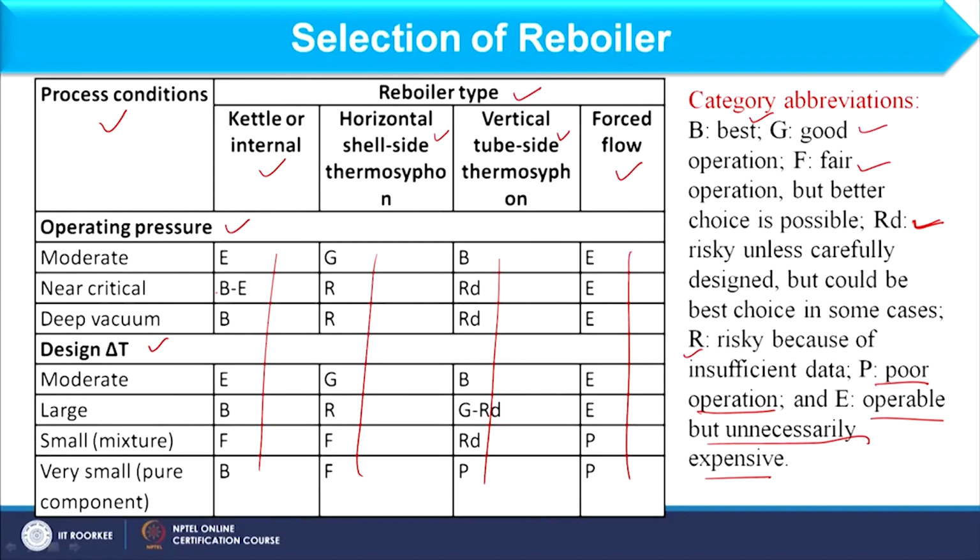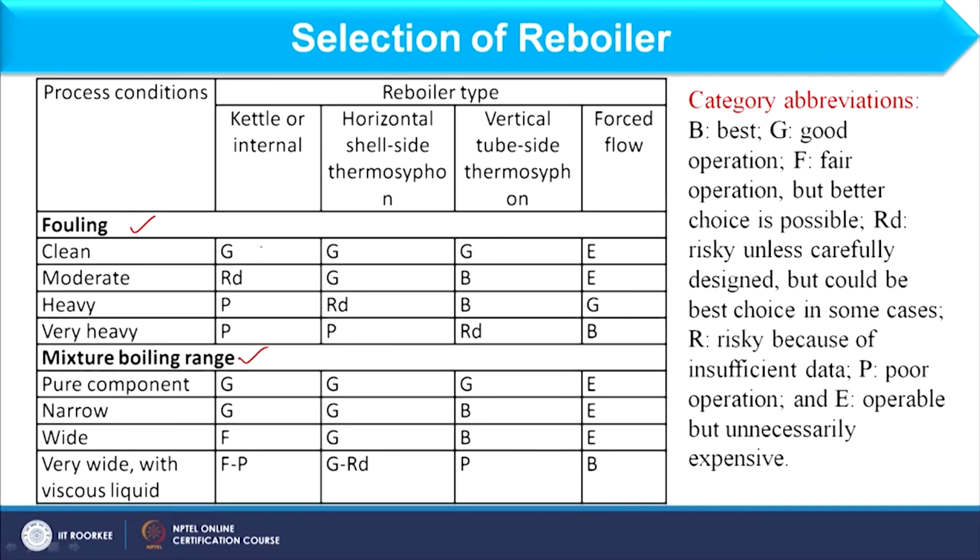In this table you can find where B is available. If you keep on counting the B, in most of the conditions you will find B in the vertical tube side thermosiphon reboiler. Here I have B like 1, 2, 3, 4, and here no B, and here B at 2 positions. Now, in the next part of this table, we do not have any B in the kettle reboiler, the horizontal shell side condenser, or the horizontal shell side thermosiphon reboiler.